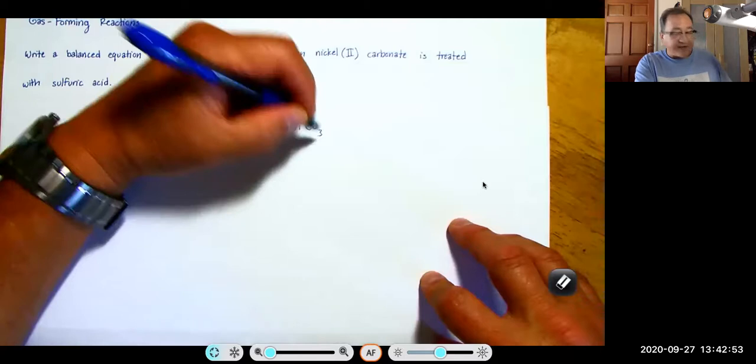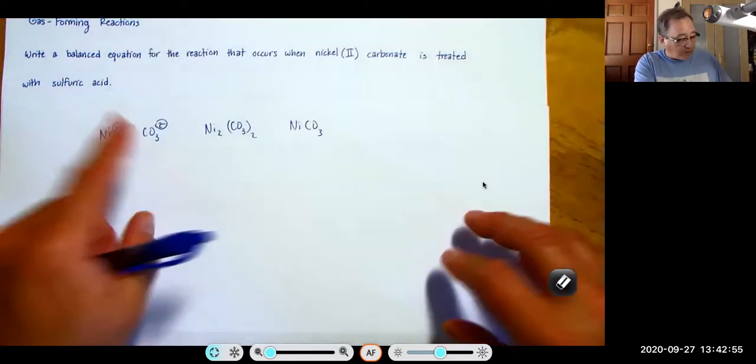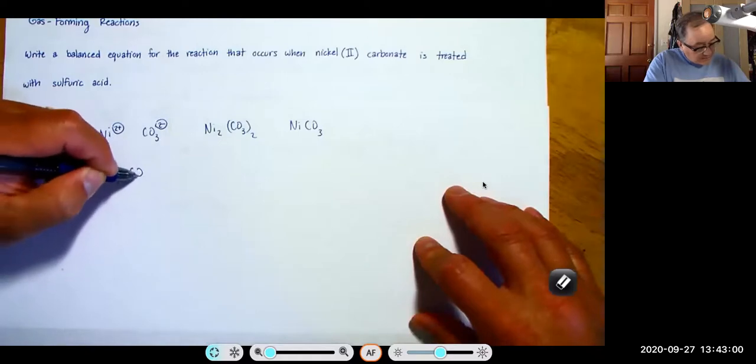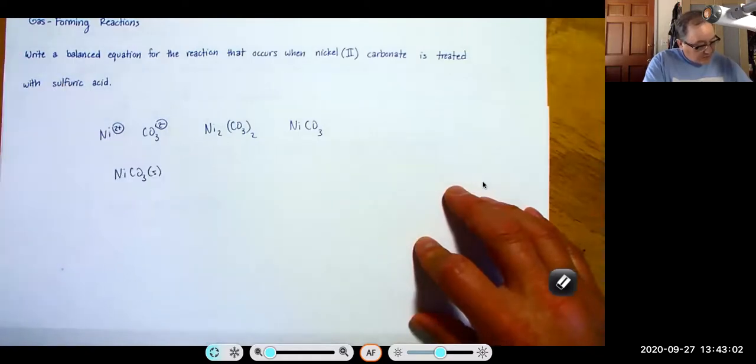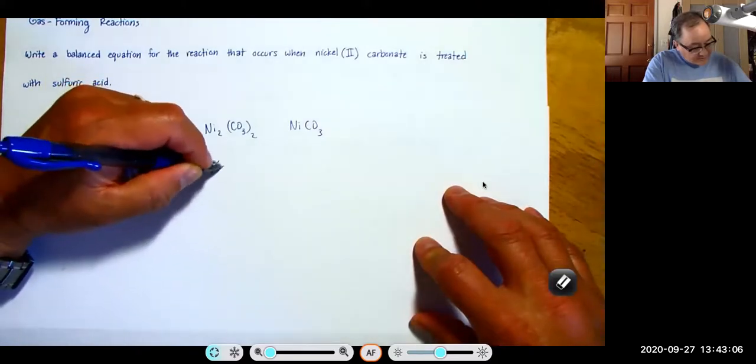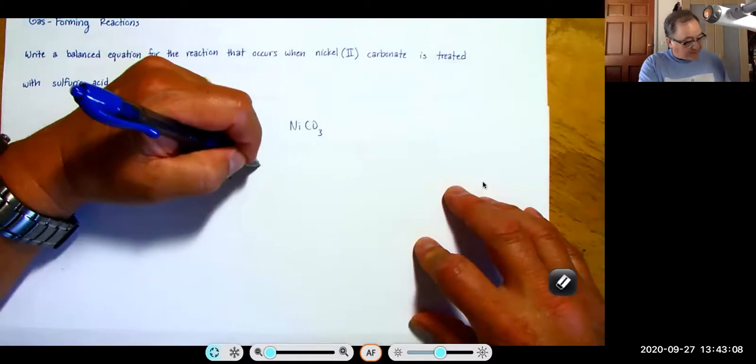Or we could just recognize they both have the same charge, so it's 1 of each. So nickel 2 carbonate, solid, reacts with sulfuric acid, aqueous, and we have to figure out what is going to happen here.